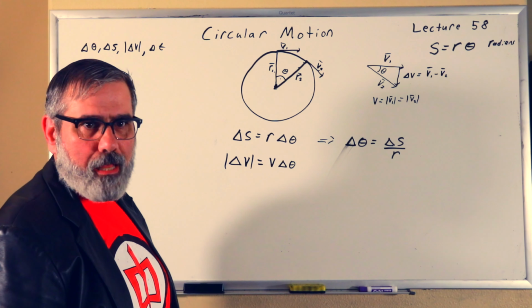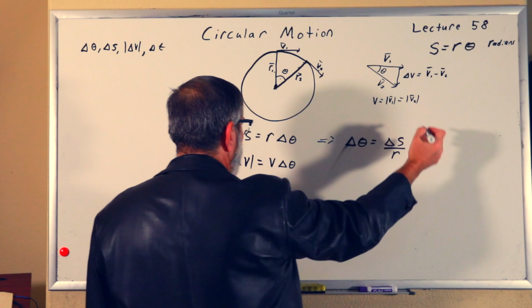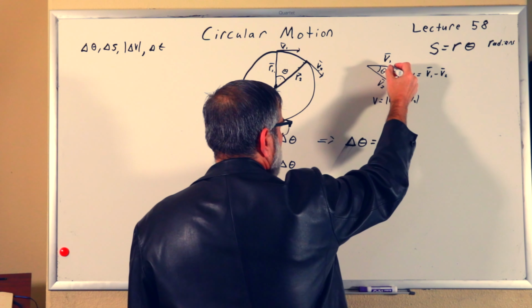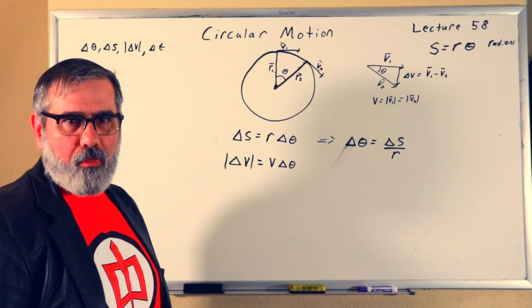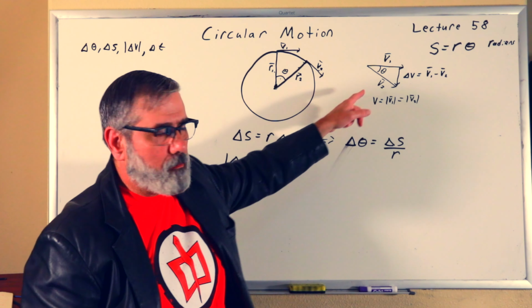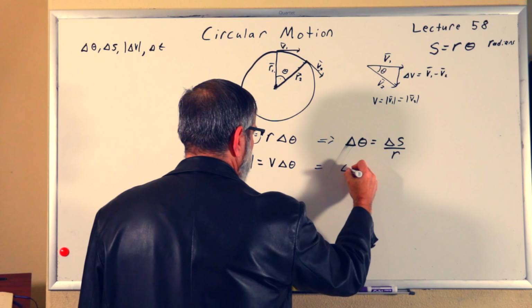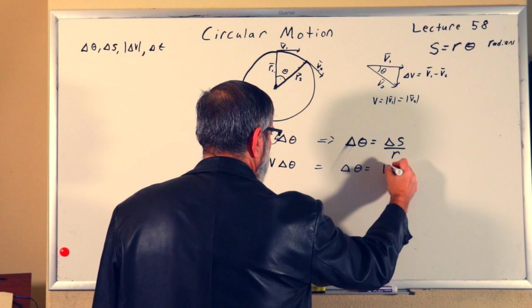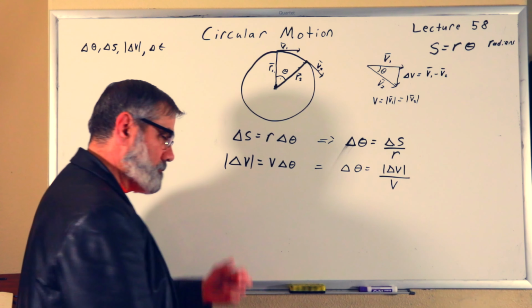Over here, when we go from v1 to v2, we get a delta v equal to the magnitude of v, which doesn't change, times delta theta. It's exactly the same thing, just for this triangle instead of that one. So I can solve for delta theta again: delta theta equals delta v over v.